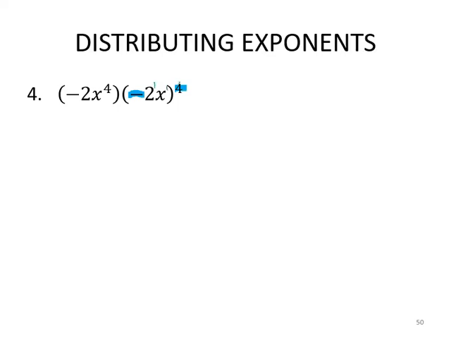So you will say 4 times 1 will give you 4. 4 times 1 will give you 4. So I'll end up having 2 to the exponent of 4. And what is 2 to the exponent of 4? 2 to the exponent of 4 times x to the exponent of 4.